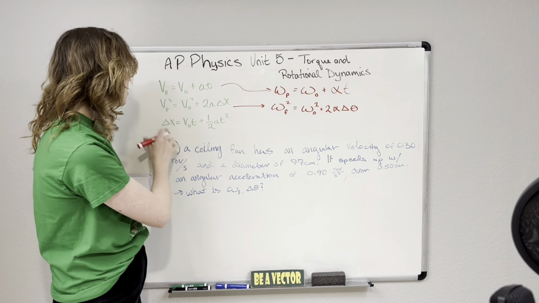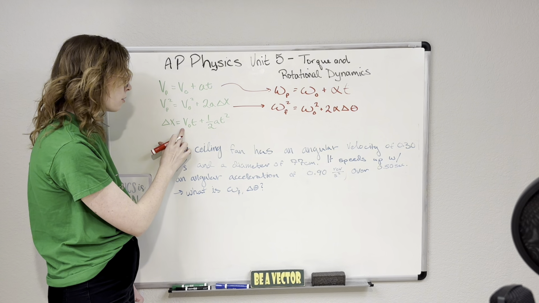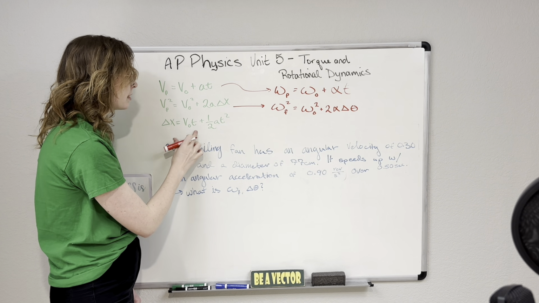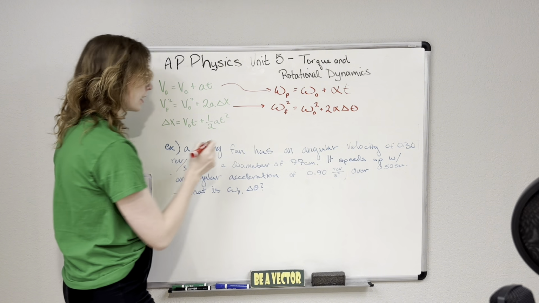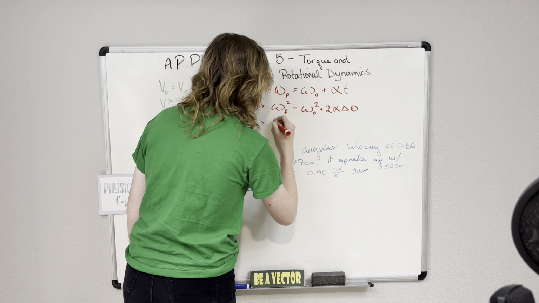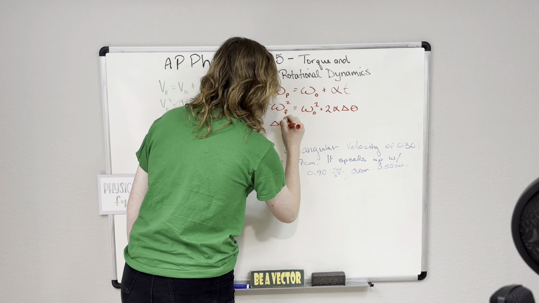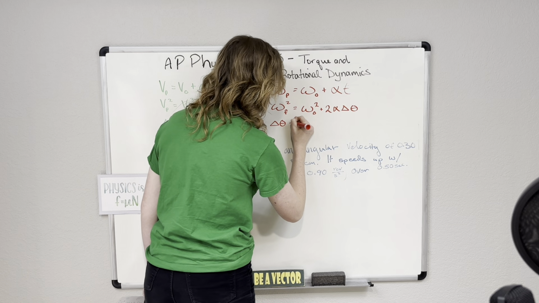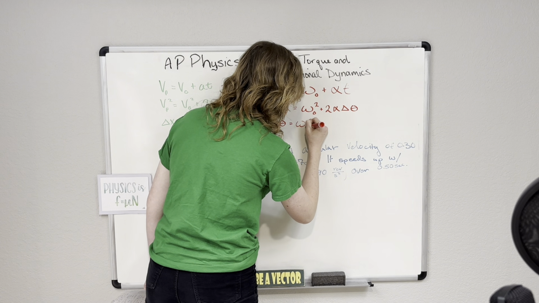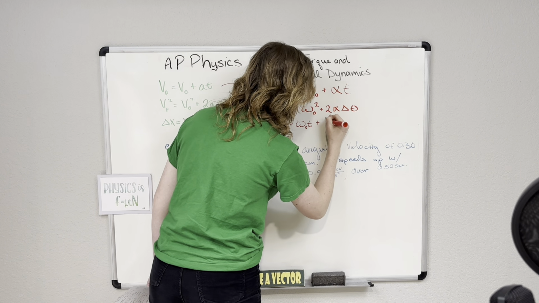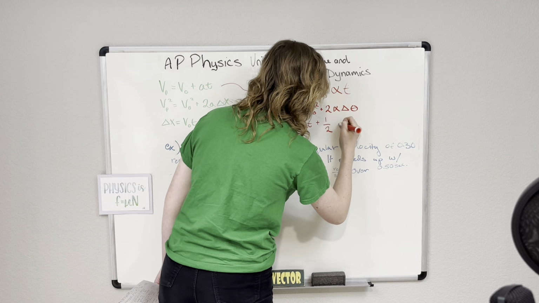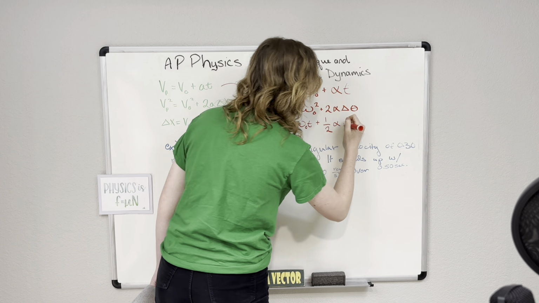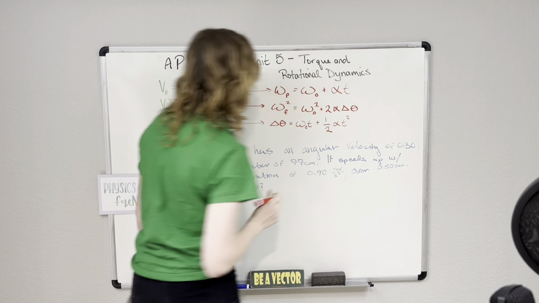Then this third one: displacement is equal to velocity times time plus 1/2 acceleration times time squared. All that becomes is that our angular displacement, or delta theta, is equal to our angular velocity times time plus 1/2 our angular acceleration times time squared.